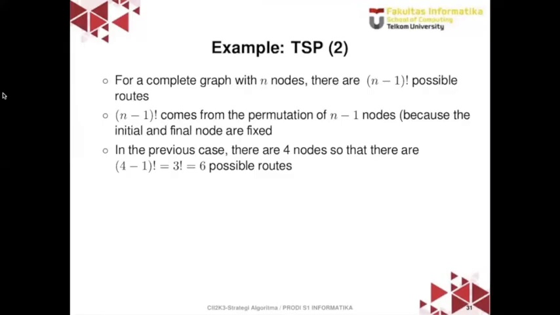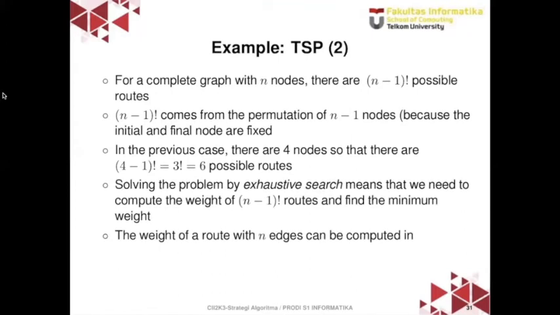So in the previous case, we can see that we have six possible routes, and solving the problem by exhaustive search means that we need to compute the weight of each route in that (n minus 1) factorial routes and find the minimum weight.